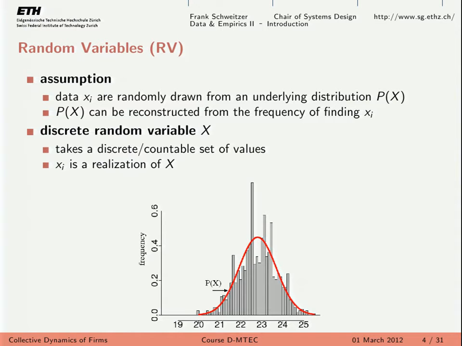We do not know this distribution yet, but we assume that 10,000 times someone makes a random draw from this distribution and gives us a number back, and these are the small numbers x_i. So what we have is a data stream of x_i: x1, x2, x3, and then we have x1, x2, x3 for the next year again. Our assumption is these are random draws from a particular distribution.